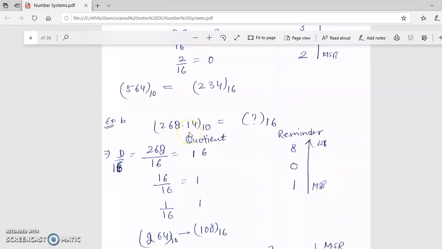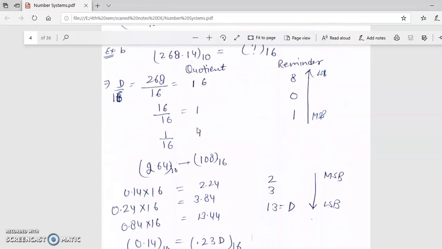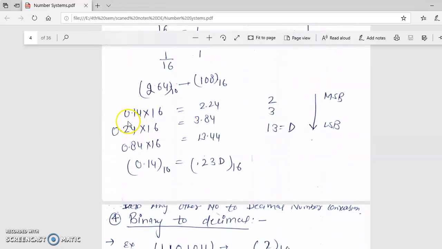So the procedure is the same. 268 is divided by 16 because we want hexadecimal conversion, so we divide by the base of the hexadecimal number system, that is 16, and 0.14 is multiplied by 16 for conversion of the decimal part. 0.14 multiplied by 16 and we get 2.24. 2 is the whole number, written here, and again 2.24 is multiplied by 16, and we get 3.84. 3 is the whole number, and the fraction part is 0.84.